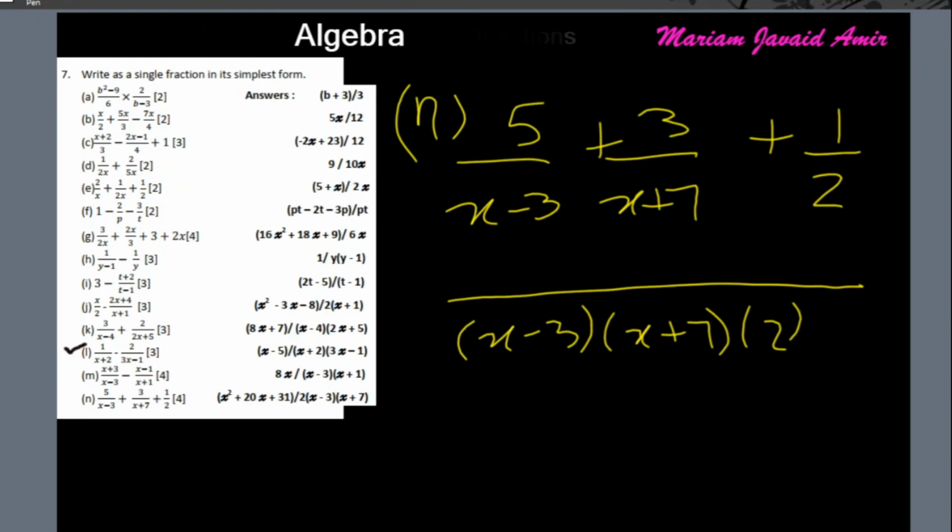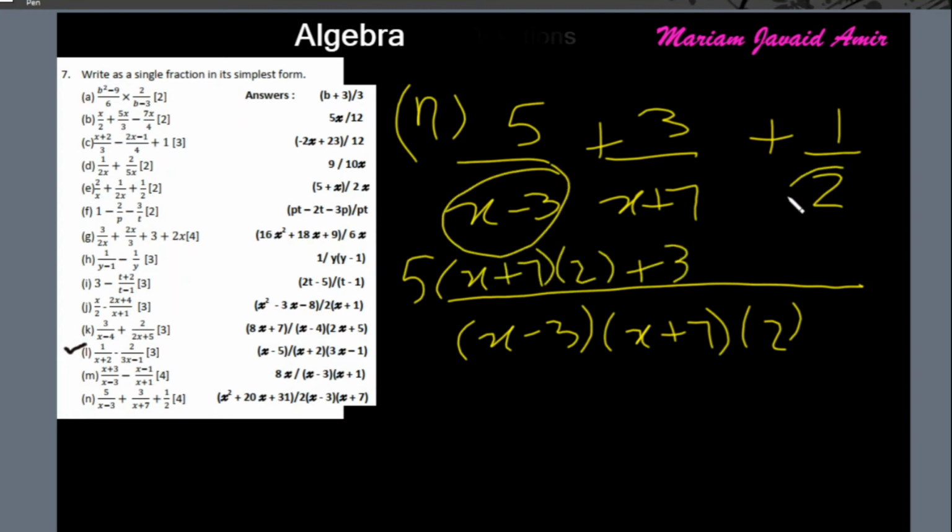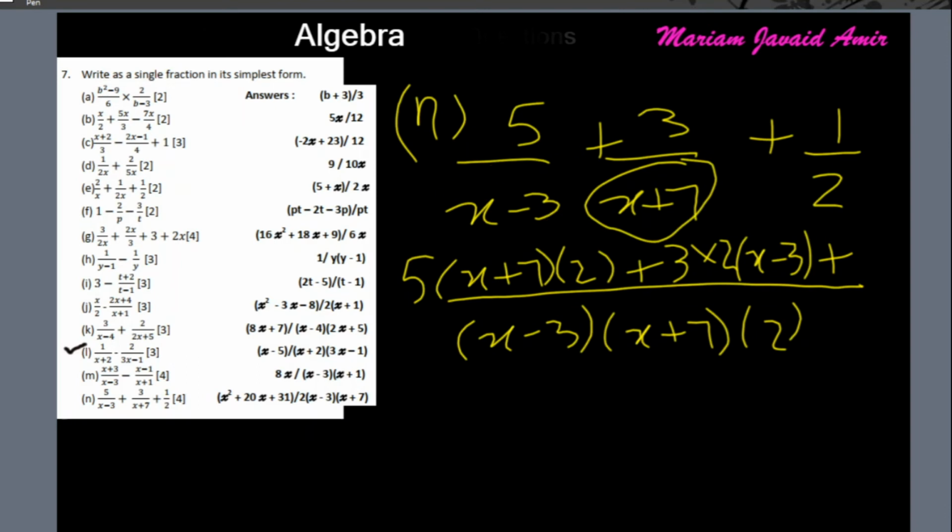So 5 times x plus 7 times 2, plus 3 will get multiplied with these two. So 3 times 2 times x minus 3, and 1 will get multiplied with these two. So this will become x minus 3 times x plus 7.